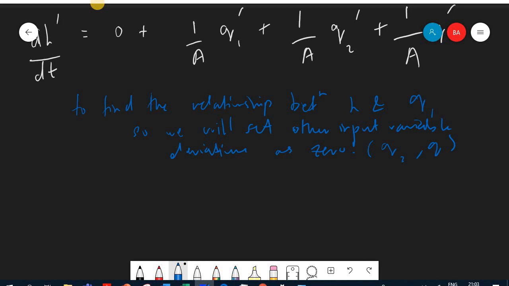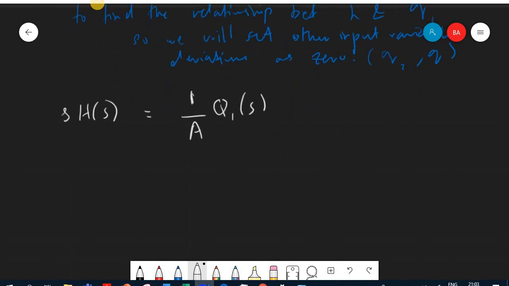I'm going to concentrate on the remaining term here, and I'll take the Laplace transform directly. So this will be sH of s equal to 1 over area times Q1 of s, and the others are not going to be considered.